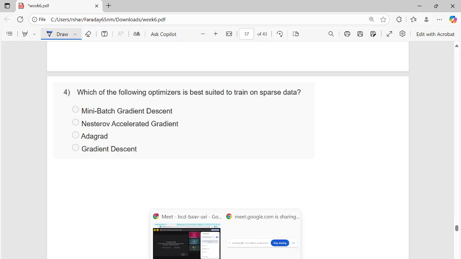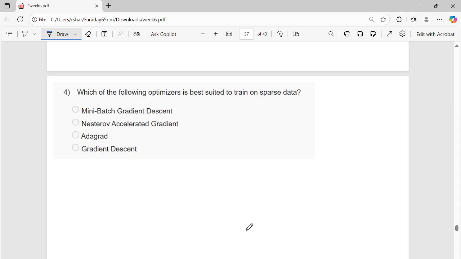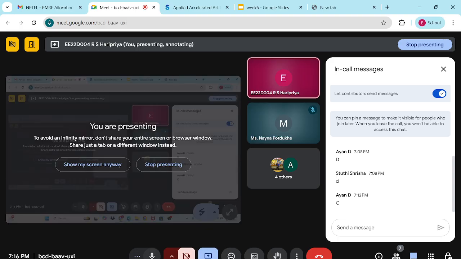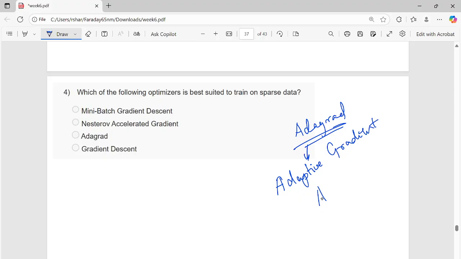So what's the answer? Okay, the correct answer is Adagrad, which is also called the adaptive gradient algorithm.